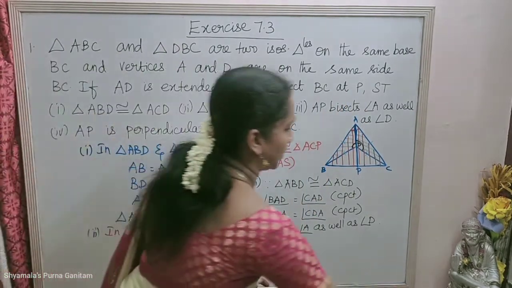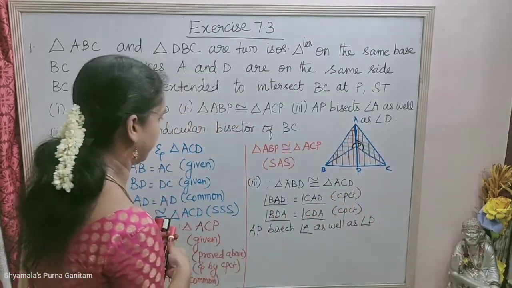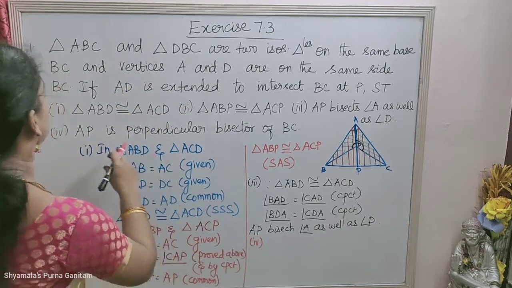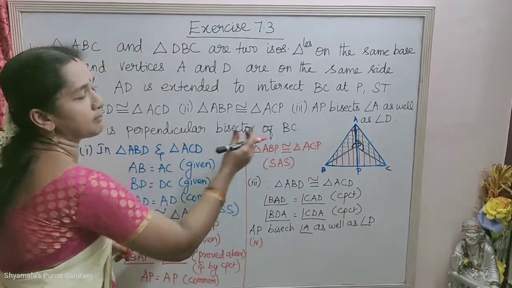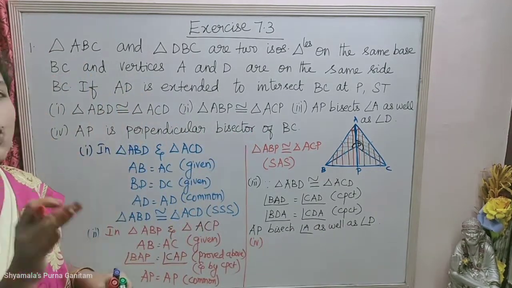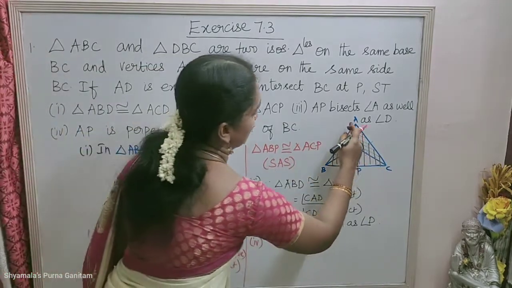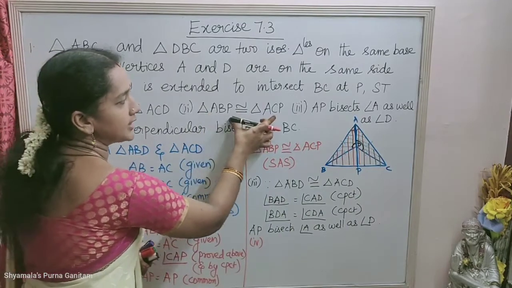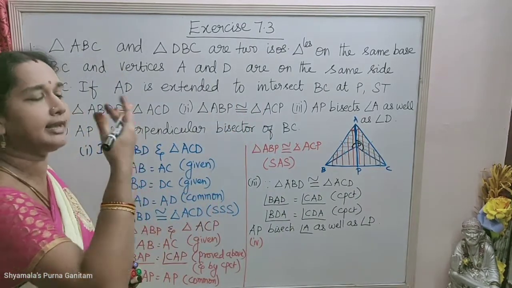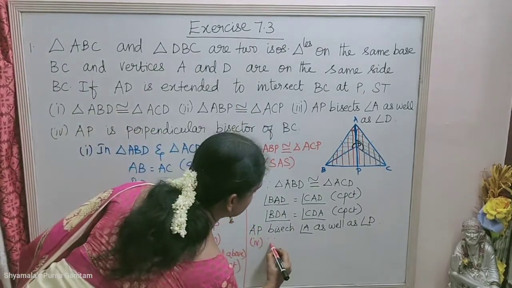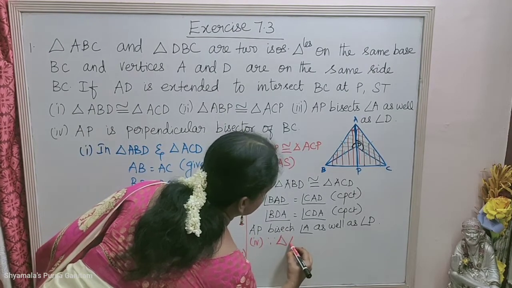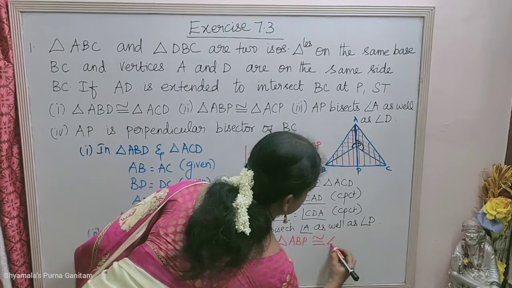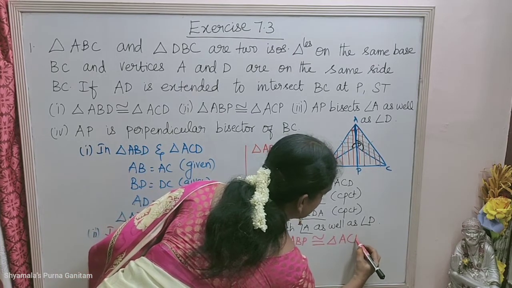Then the fourth one is AP is the perpendicular bisector of BC. For proving that, we take the earlier proof that triangle ABP is congruent to triangle ACP.